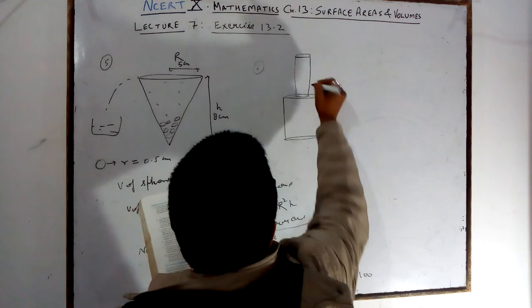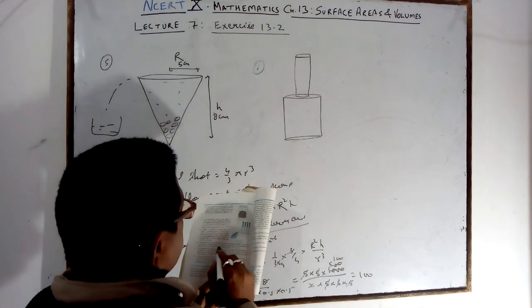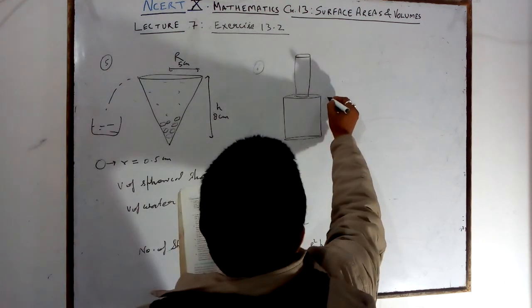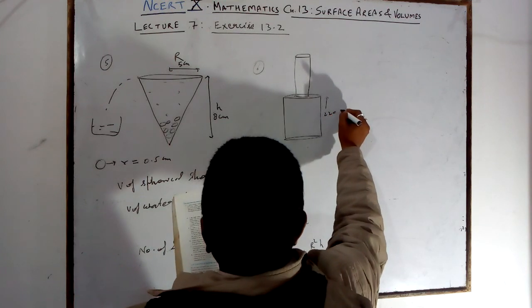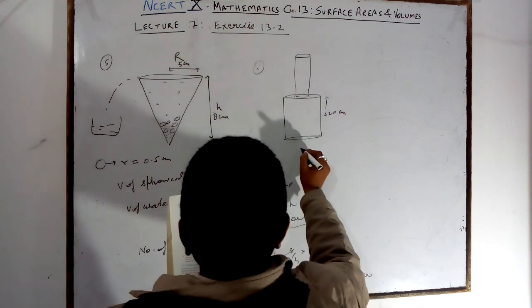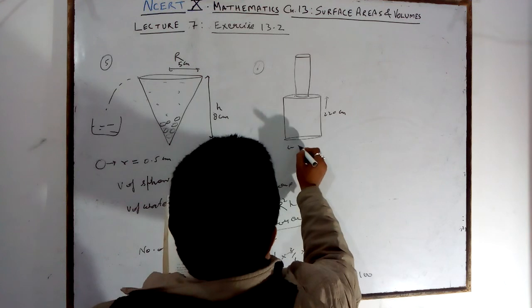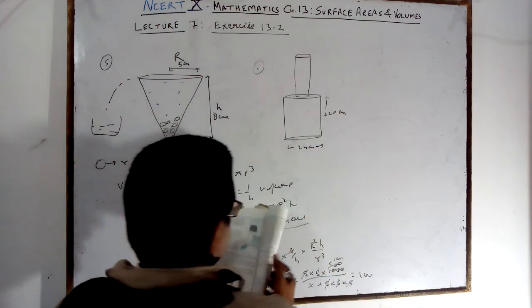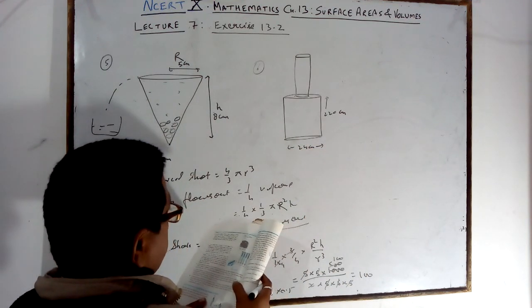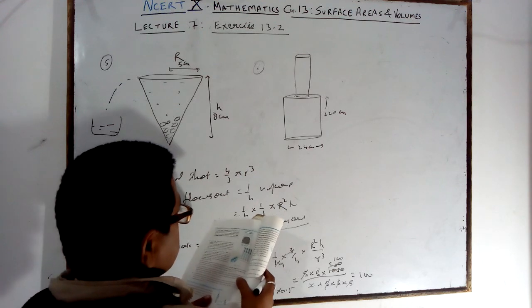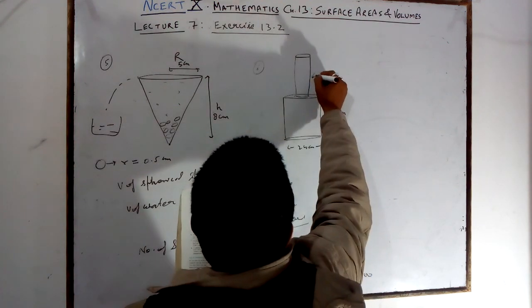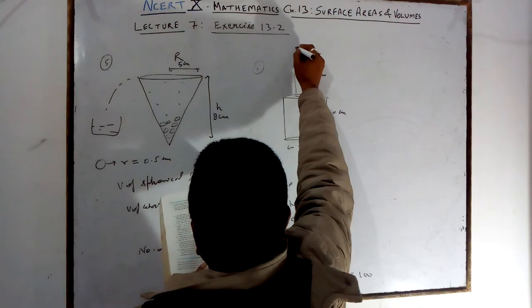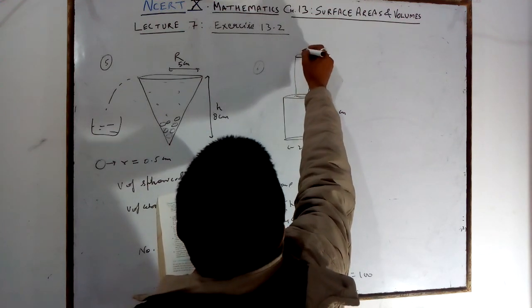Its height is 220 centimeter and its diameter is 24 centimeter, surmounted by another cylinder of height 60 centimeter and radius 8 centimeter.